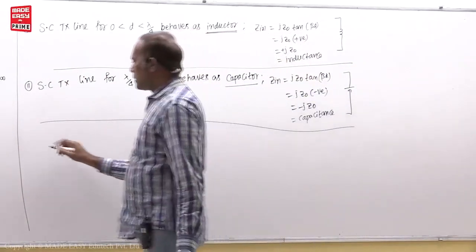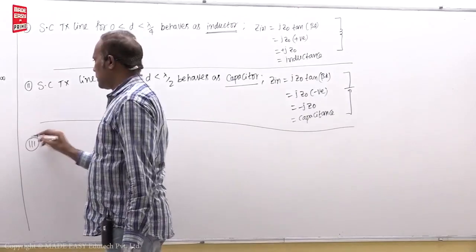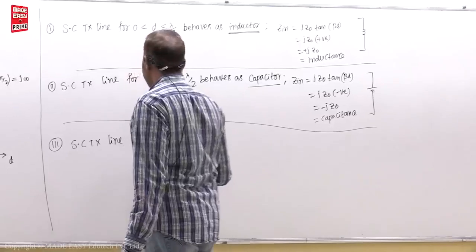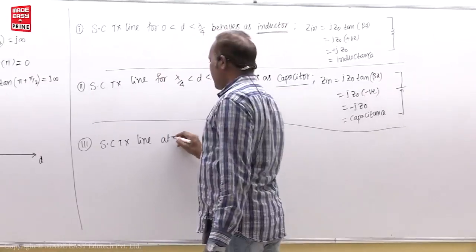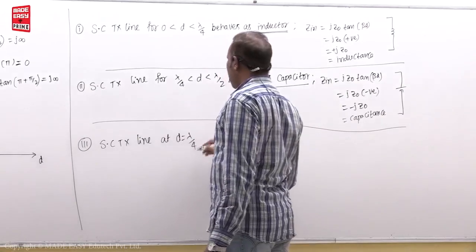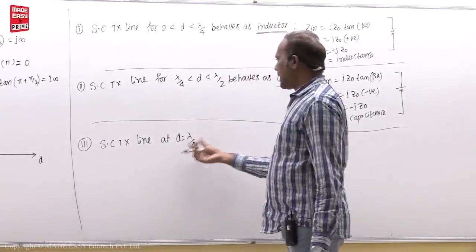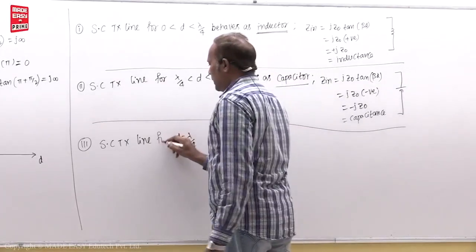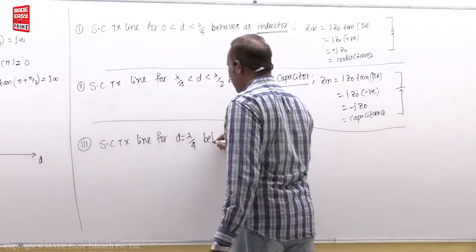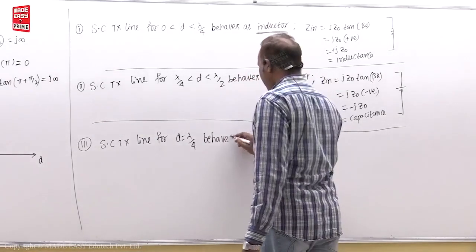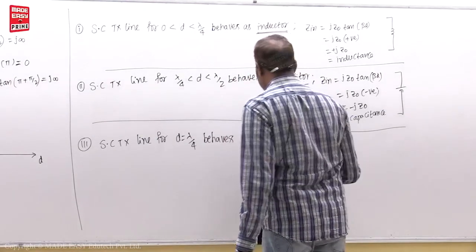The third question, students. A short circuit transmission line at d equal to exactly lambda by 4, that is, total length lambda by 4, behaves as what?